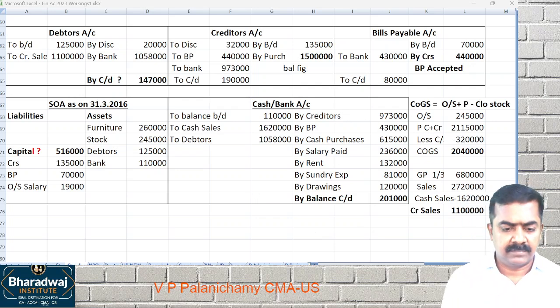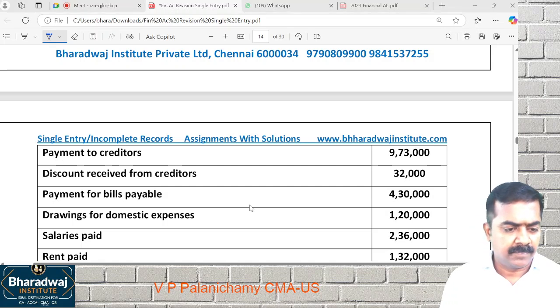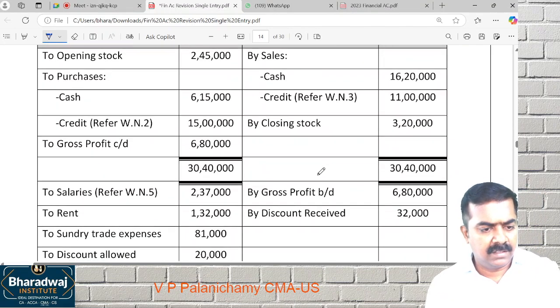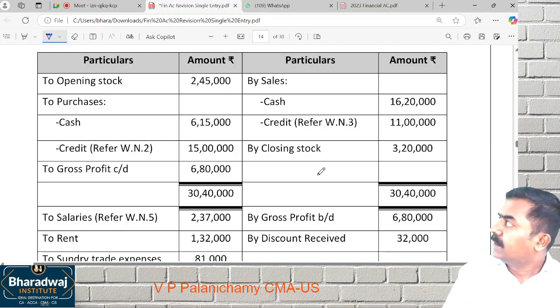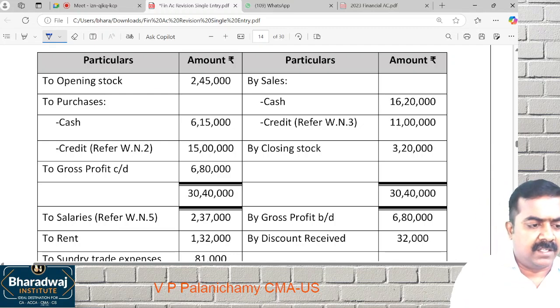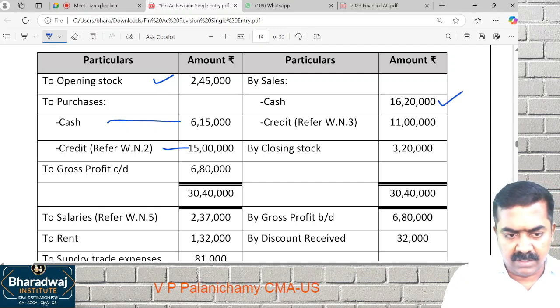Shall we? Now, as I said, the main answer we can just go through the material. Opening stock given, purchases, cash and credit we worked out. Cash sales, credit sales.